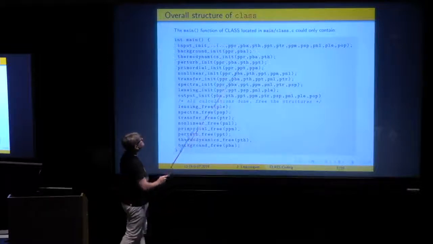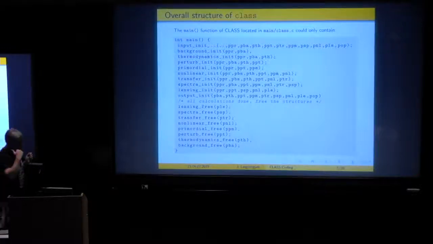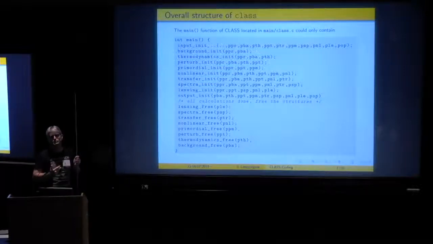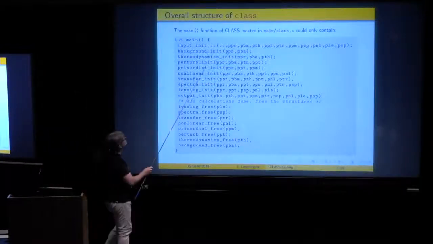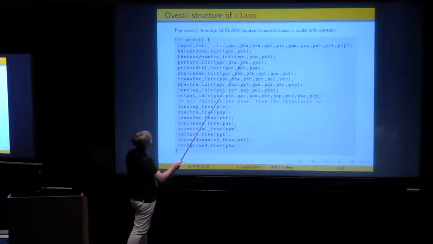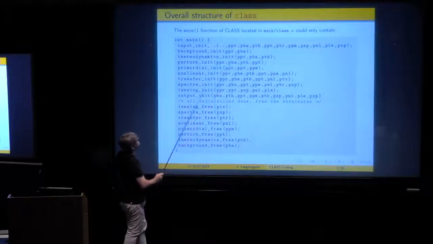It contains PPT because PPT knows if we want to compute scalars only or tensors only or both, and if we want either curvature initial conditions. And the primordial module needs to know this. So it has a dependency on the perturbation, but it has no dependency on background and thermodynamics, so there is no PBA and PTH.